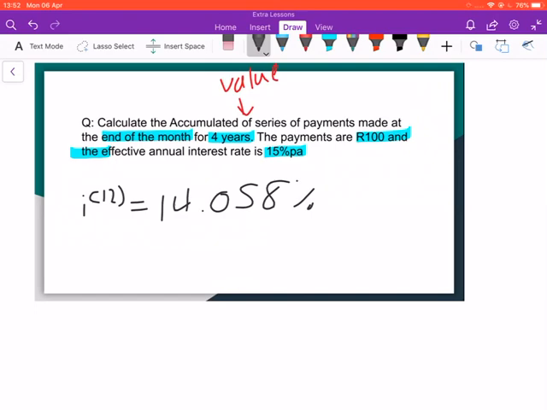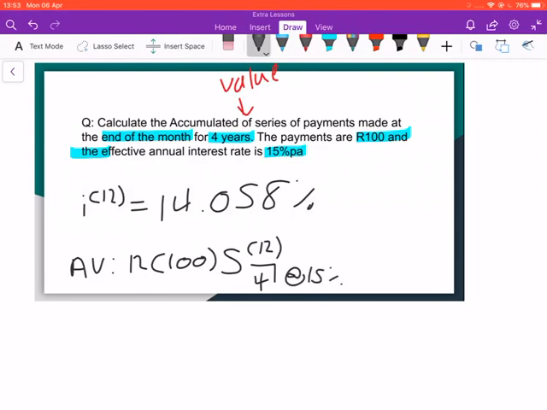So we're looking at the accumulated value. So the accumulated value of 100 rand which is paid monthly, you will have 12 times 100, because this 100 rand is paid monthly, and here we have to put a yearly payment. Then, let's represent it with a formula, as 12 for 4 years at 15% per annum.